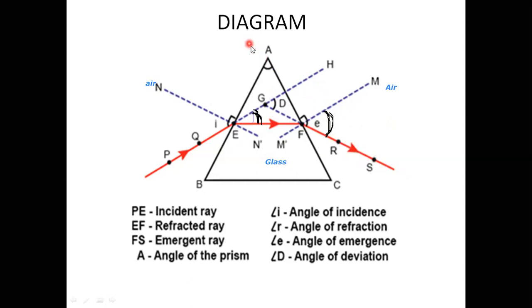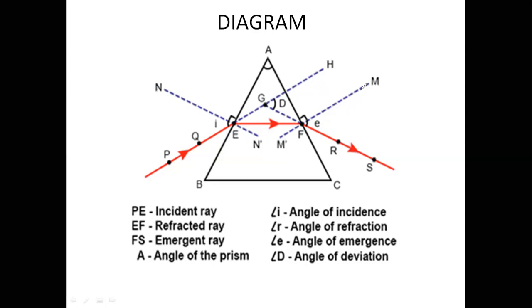So we have two angles of deviation, and when we total them, we get this entire angle of deviation. This total angle of deviation we have denoted as D. So D is nothing but my total angle of deviation.